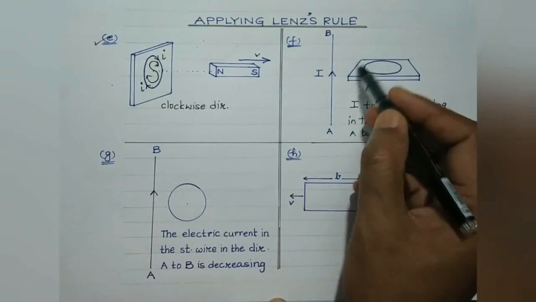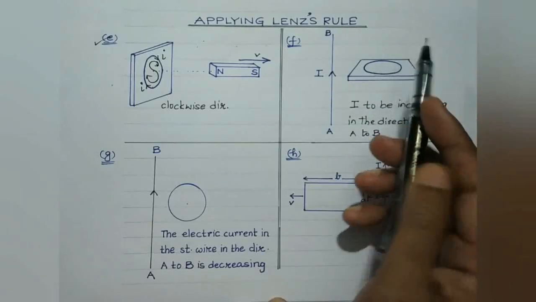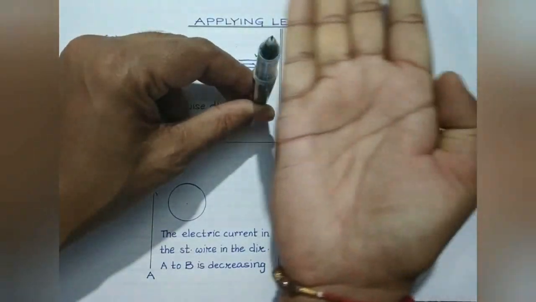Mind it, it is the case where the loop is placed on a horizontal plane. So this is the current carrying conductor and the loop is placed on the horizontal plane.